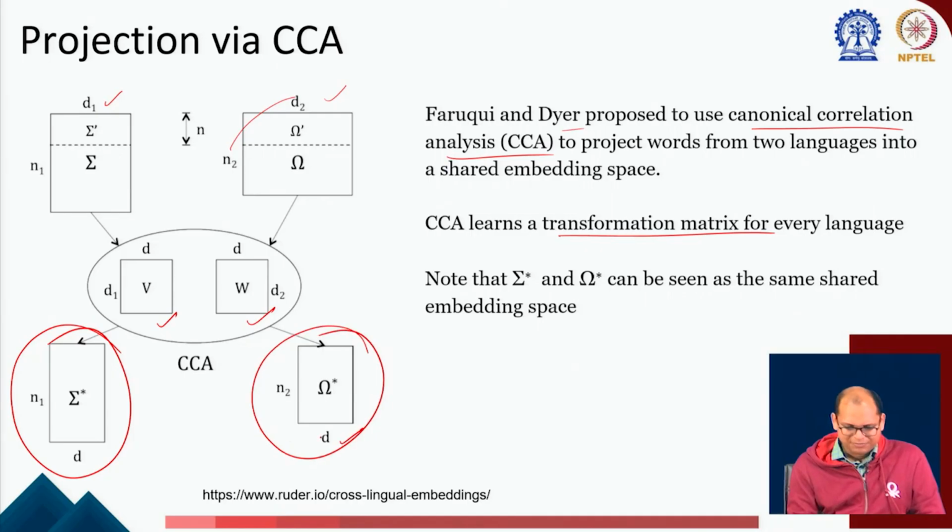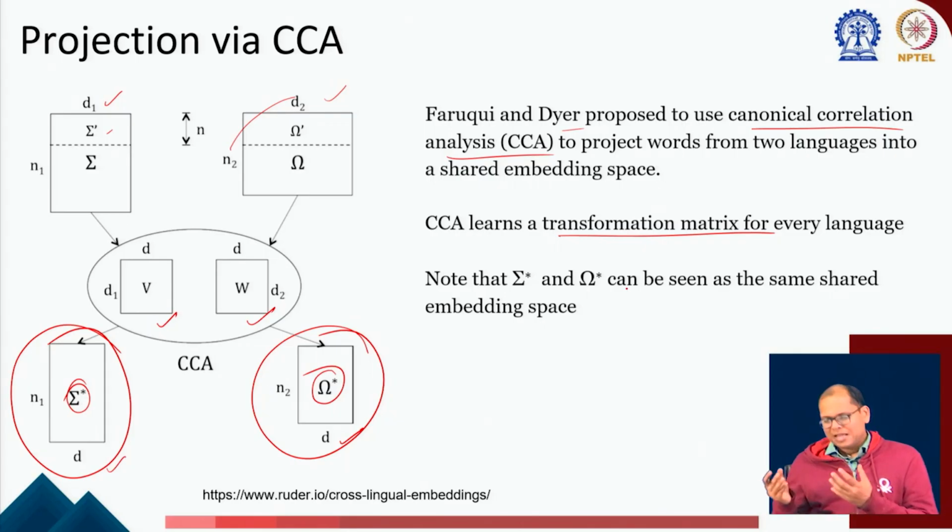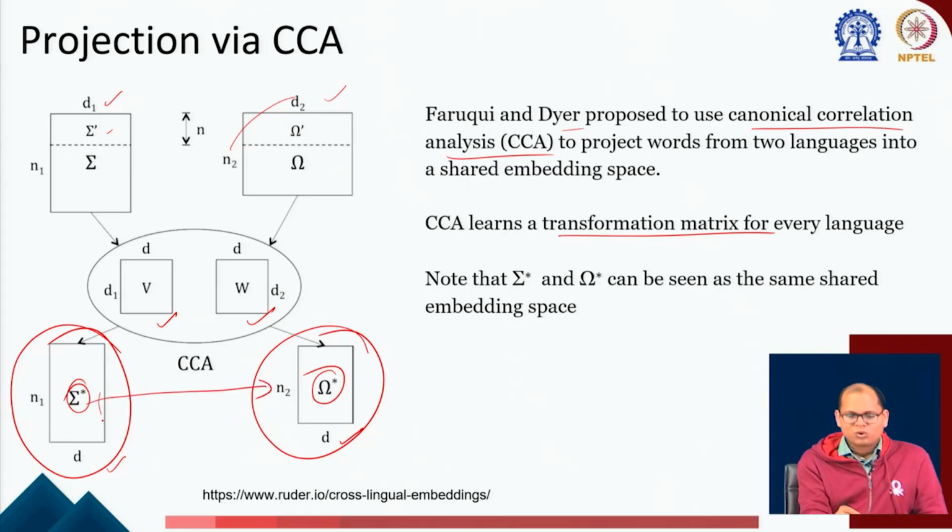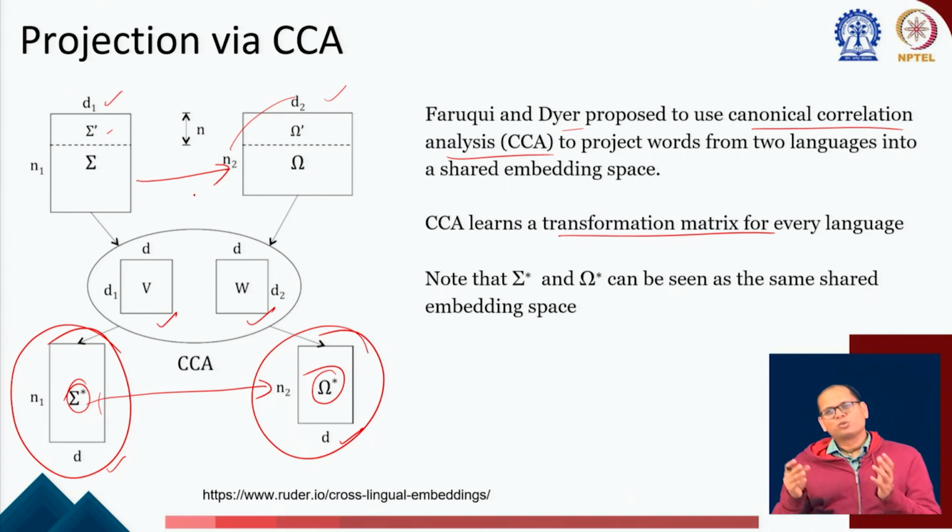Now, you have the same dimension, and so I started from this, and I have got into sigma star and omega star, and you can see them as the same embedding space, a shared embedding space. So, rather than going from here to here directly, you take both of them together to a new embedding space, and this is the embedding space where the languages have shared representation.